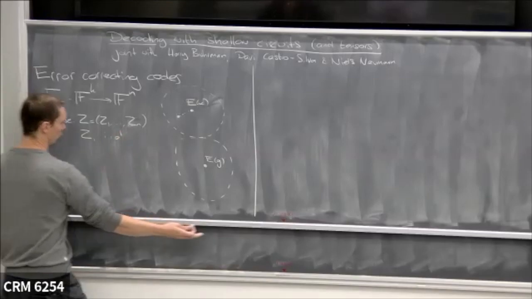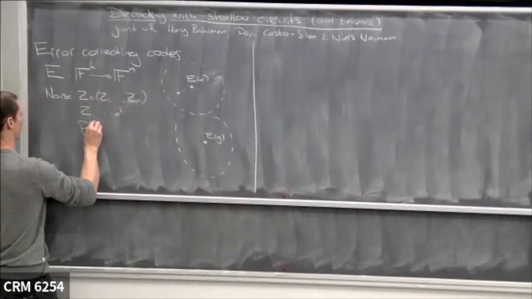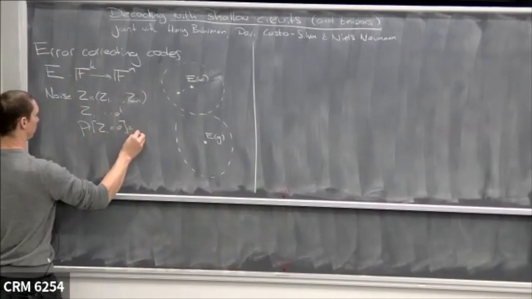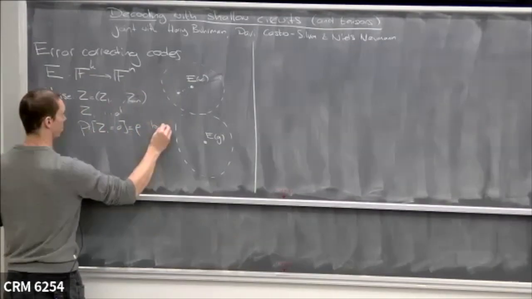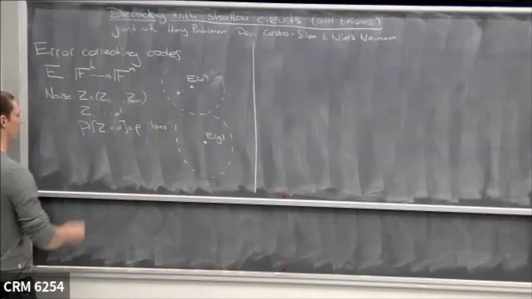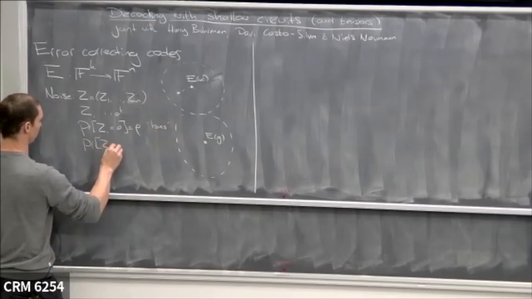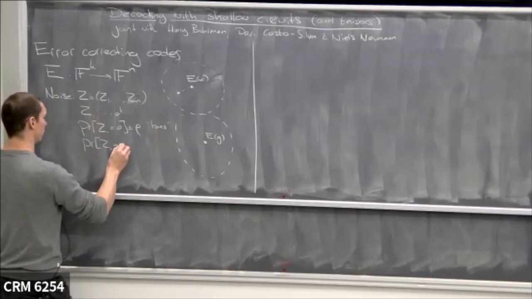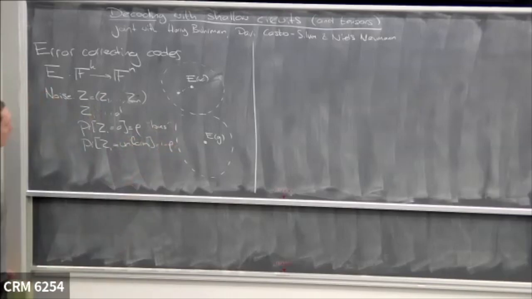The distribution over these coordinates is such that zi is 0 with some probability rho, and I'll refer to this rho as the bias of the distribution. With probability 1 minus rho, this coordinate is uniformly distributed over the elements in the field.